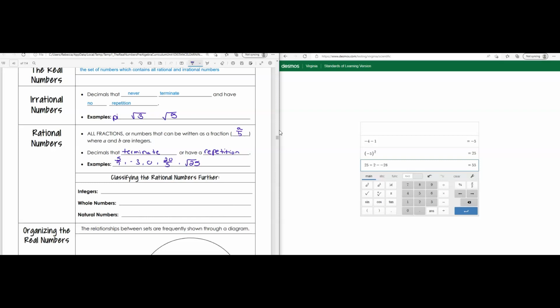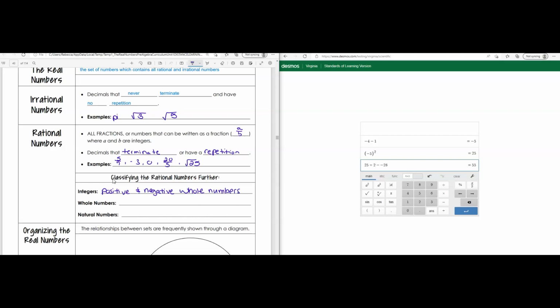Within rational numbers, you have smaller subsets, or smaller groups. The first one of those would be integers. These are your positive and negative whole numbers. The next smallest group would be whole numbers.